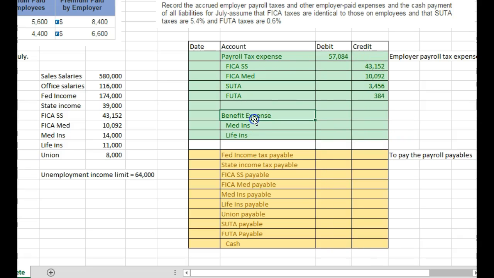And now we got to look at the benefits. So how much did they have to pay for the benefits? So we had medical insurance, $8,400. And life insurance, $6,600, which comes to $15,000.